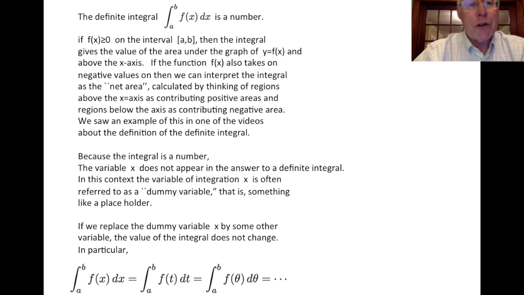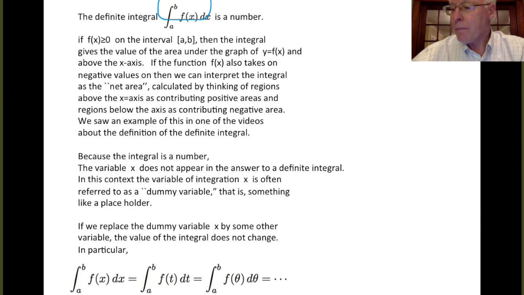Now, an integral is just a number, so the variable x that you see in the integral does not appear in the answer. In this context, the x, which is often called the variable of integration, is often referred to as a dummy variable. It's a placeholder, but it doesn't show up in the answer.